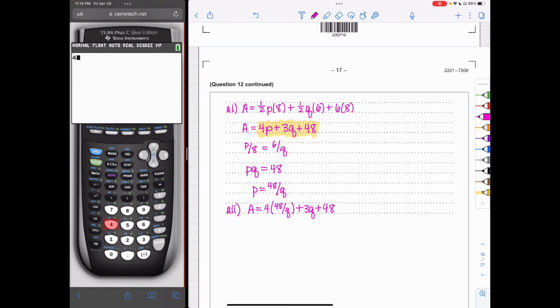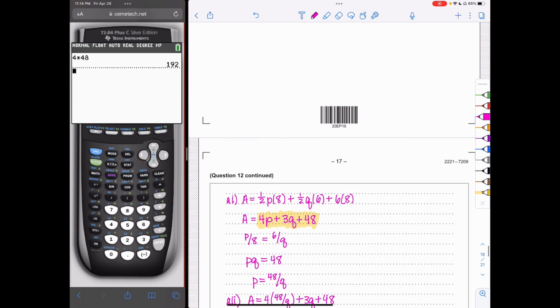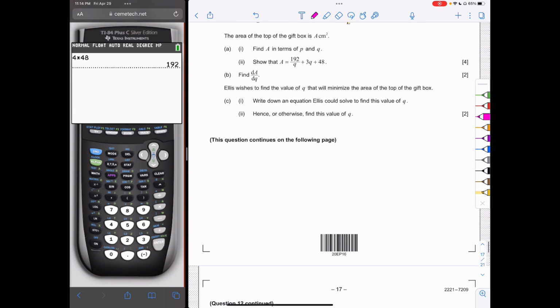I already know that 4 times 48 is going to give me 192. So the area is also equal to 192 over Q plus 3 times Q plus 48. I showed that information there.